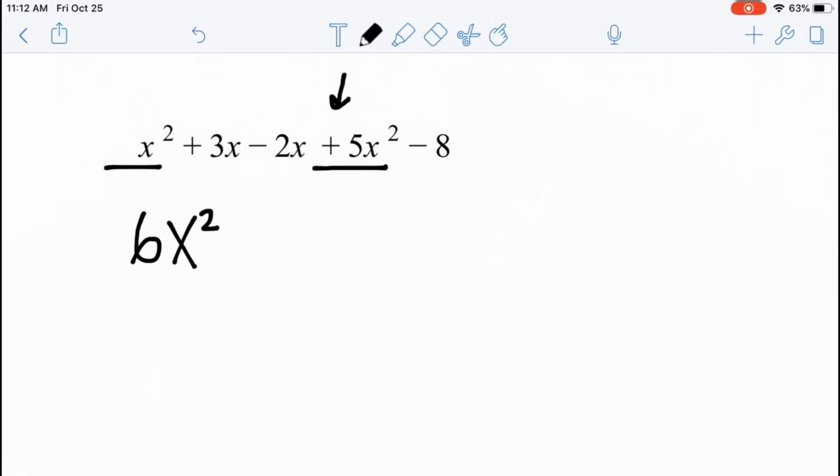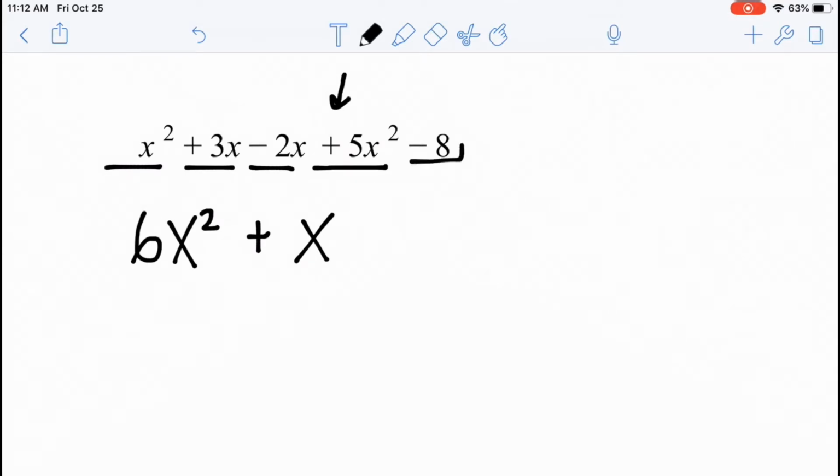Okay? Then we have plus 3x minus 2. So this is 3 minus 2. 3 minus 2 is 1, so it's plus x. Because remember, with the variables, the 1's are invisible.